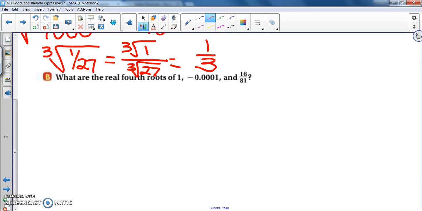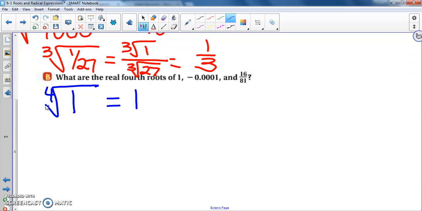Now we want to know what are the real 4th roots of 1, negative 0.0001, and 16/81. So the 4th root, our index is 4. So the 4th root of 1: what times itself times itself times itself times itself equals 1? The answer is 1.